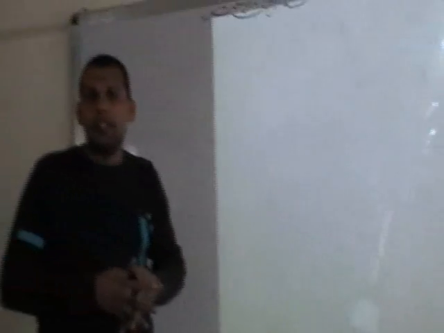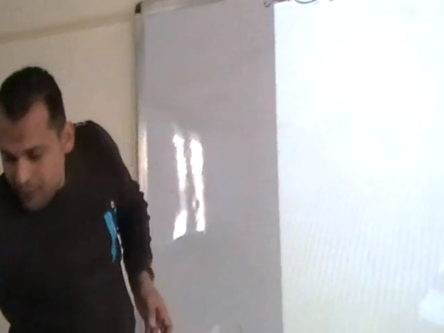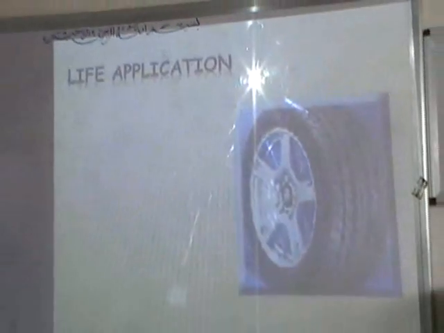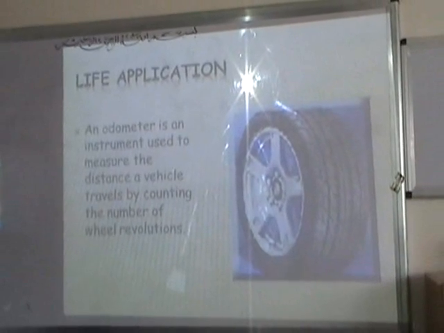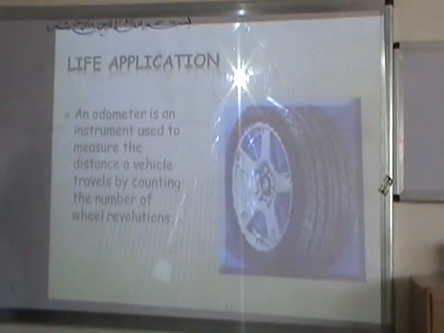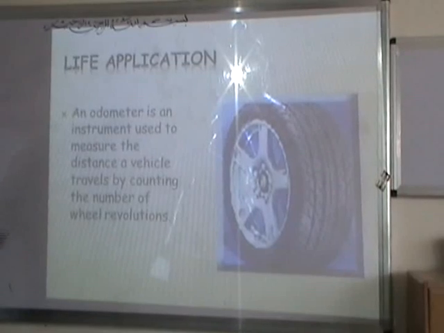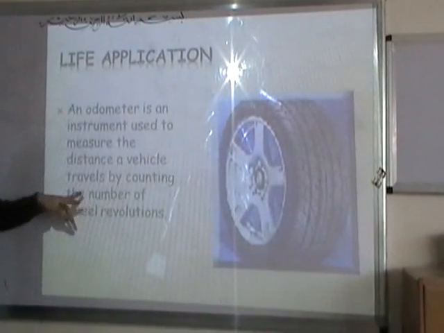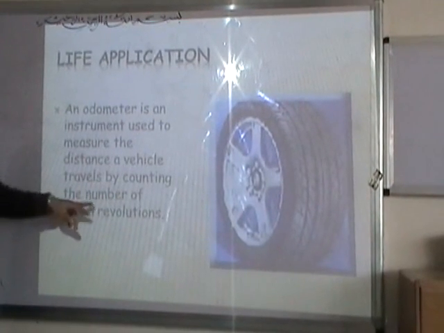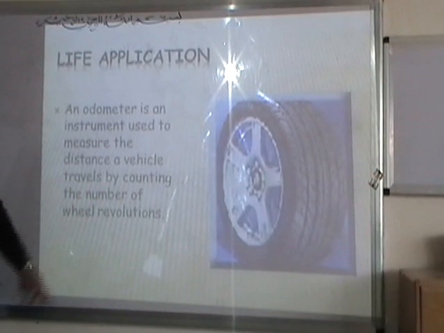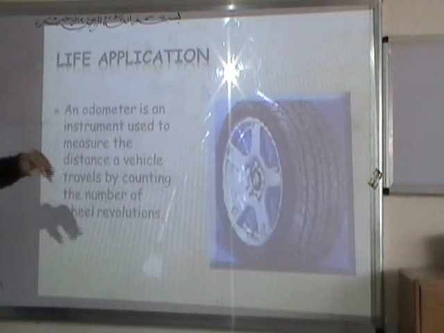After that, have you asked yourself how we can measure the distance the car moves? Okay, let's see. This is the wheel of a car. An odometer is an instrument used to measure the distance a vehicle travels by counting the number of wheel revolutions.